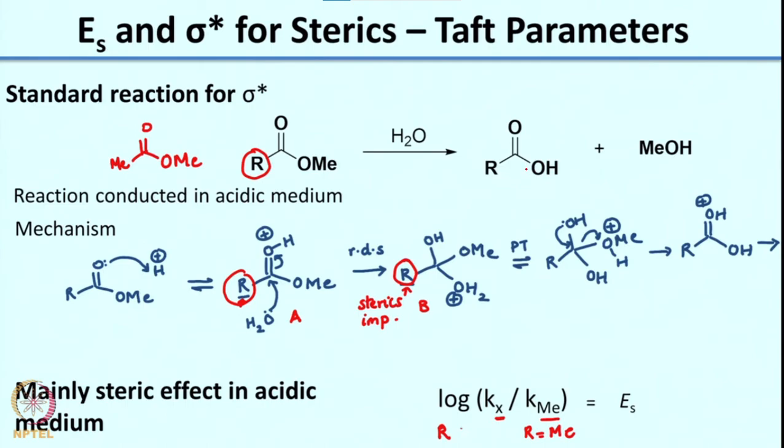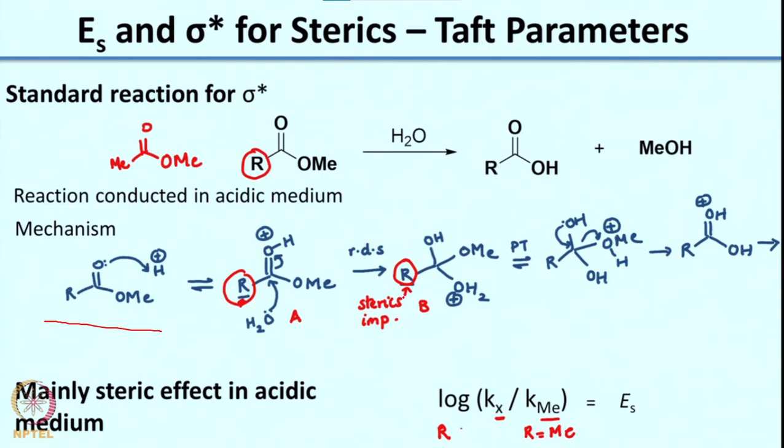Suppose the reaction is conducted in an acidic medium. Then what happens? First the protonation takes place, right? After the protonation, the water molecule will attack at the electrophilic carbon atom present here, the carbonyl carbon, and it will give the intermediate, where you can see H2O is present, positively charged, right?